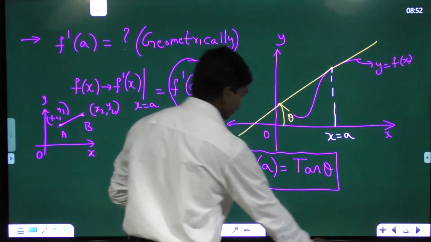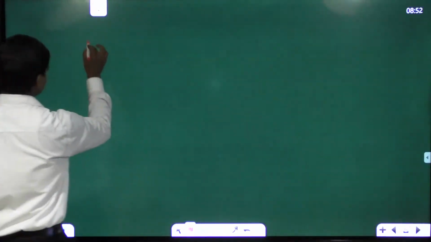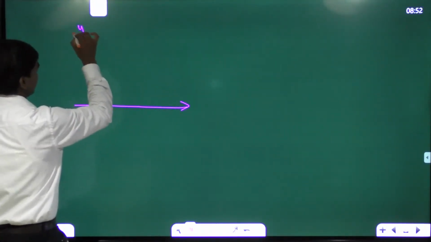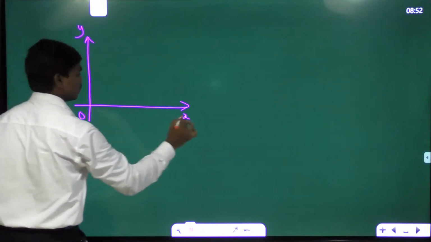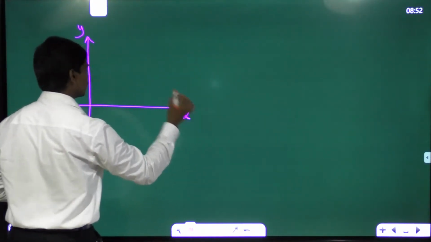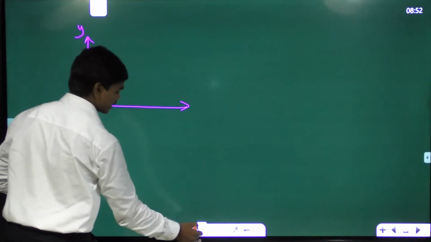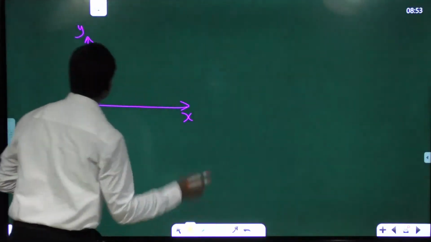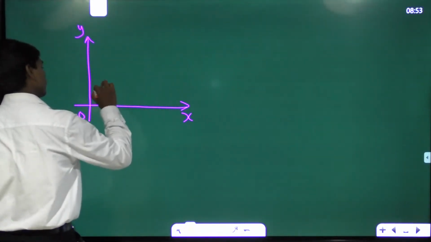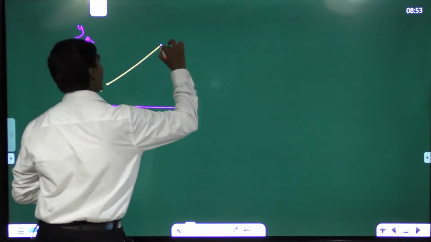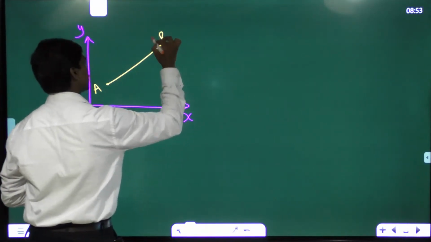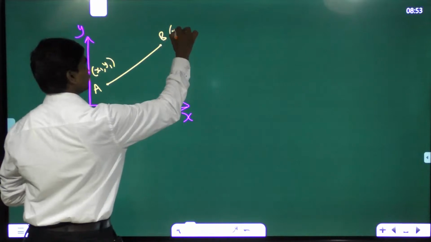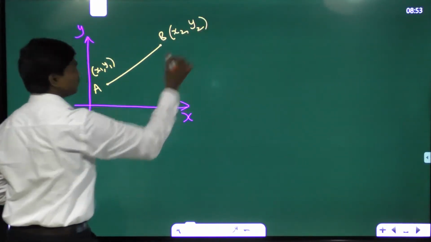So what does this y2 minus y1 divided by x2 minus x1 give us? Let us have a look at it carefully. Y-axis, 0, and this is the x-axis. Let me make it clear. Now let me draw a straight line, or line segment basically, AB, which is x1, y1, and the coordinates of B are x2, y2.